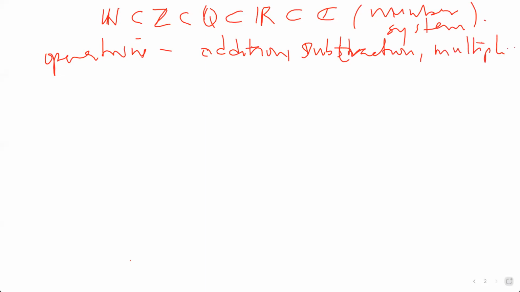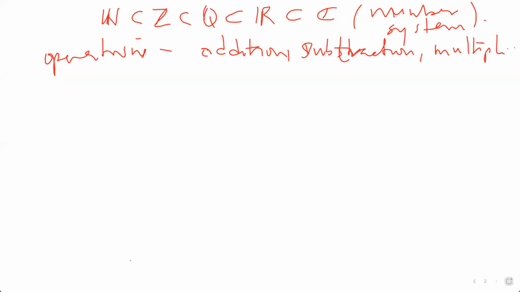We've learned the inverses in addition, the inverses in multiplication, the identity in addition, the identity in multiplication, and so on. These are things that we've learned over the course of the whole semester.